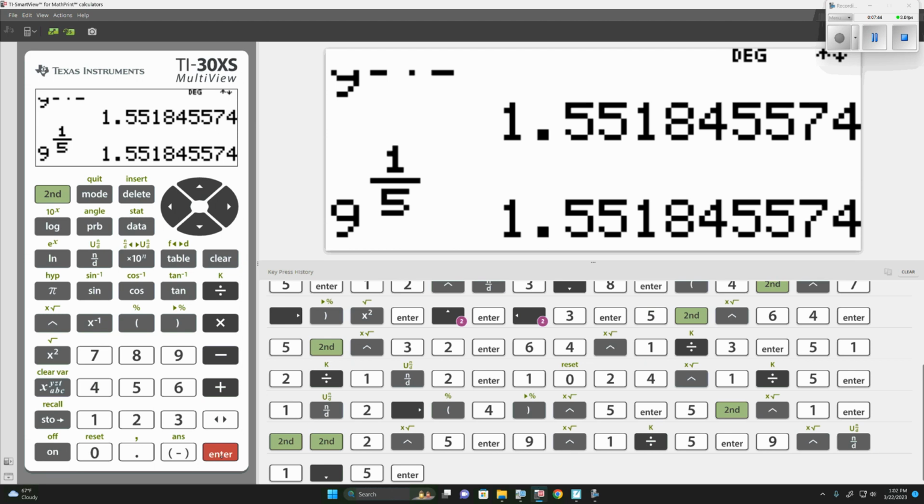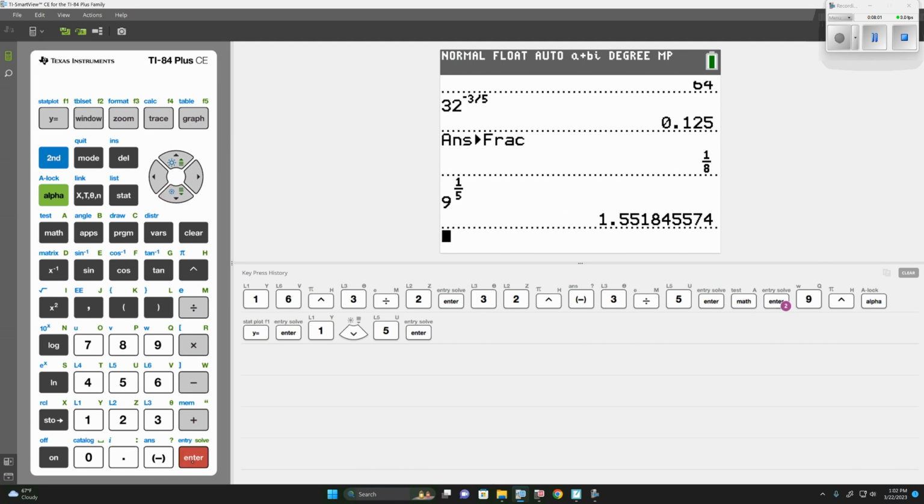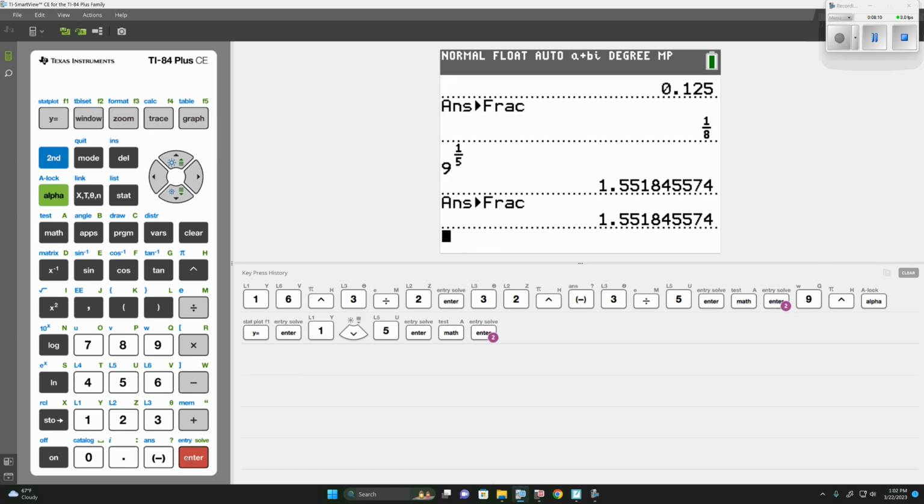A lot of the times, especially in the graphing calculator, I will use the division, not the actual alpha y equals enter. Because it's a lot faster to say 1 divided by 5 in the graphing calculator than to get the actual fraction. Math, enter, enter.